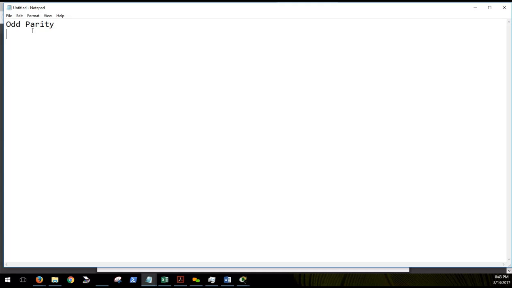So here we have 7 bits. How many bits are lit up? How many bits are on? 5. That's an odd number of bits, correct? So we're going to set our parity bit to 0, because we want odd parity. We want an odd number of bits lit.